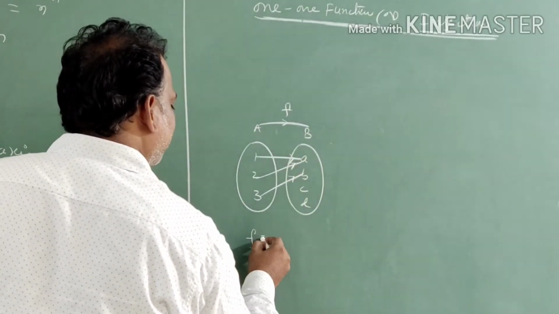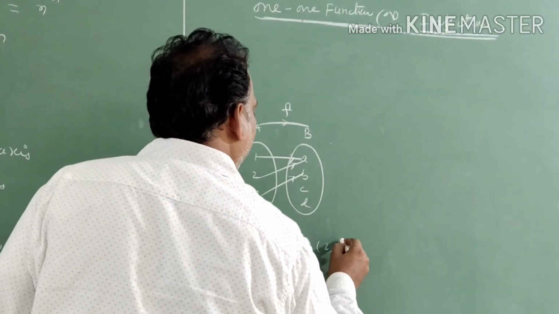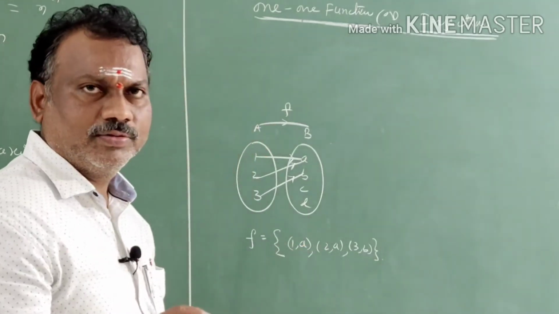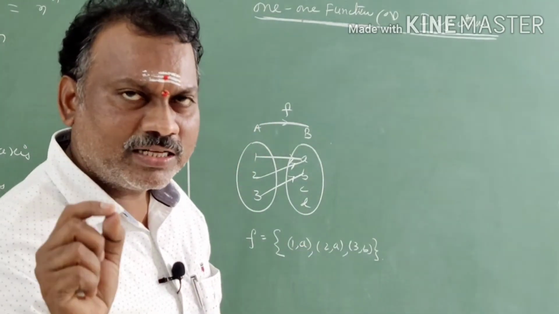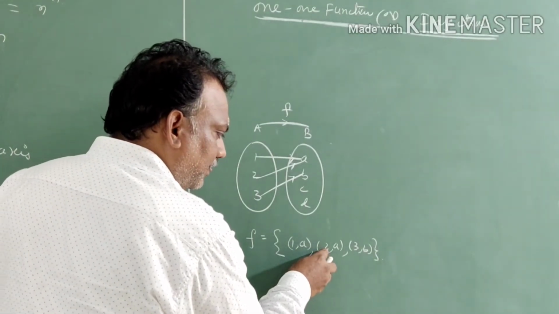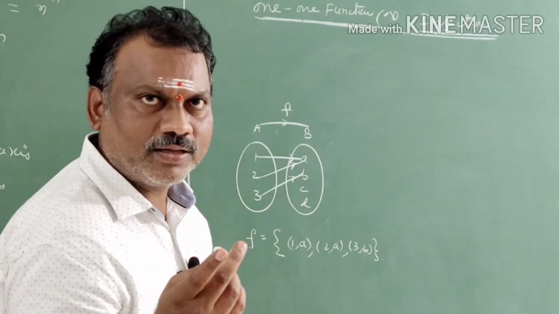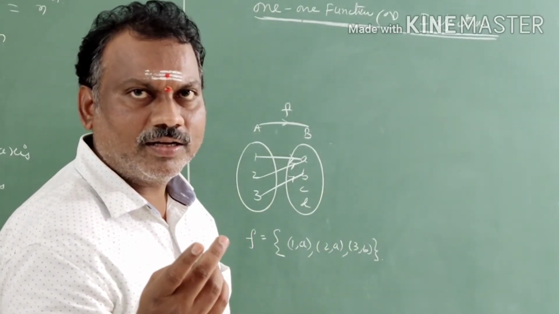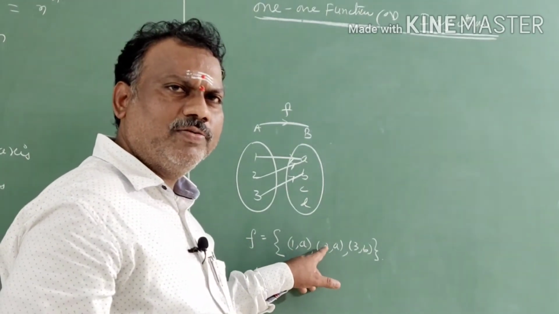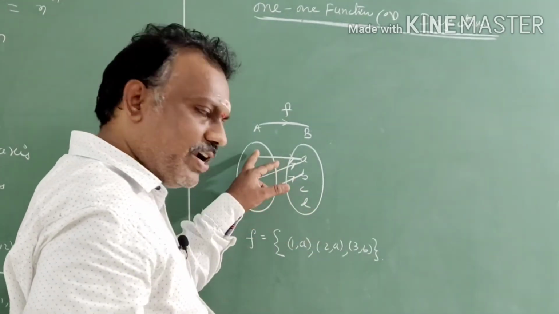You have to check it, according to the function definition: every element of A has a unique image in B. 1 goes with A, 2 is also with A. Here the images are the same, but we are considering different elements.